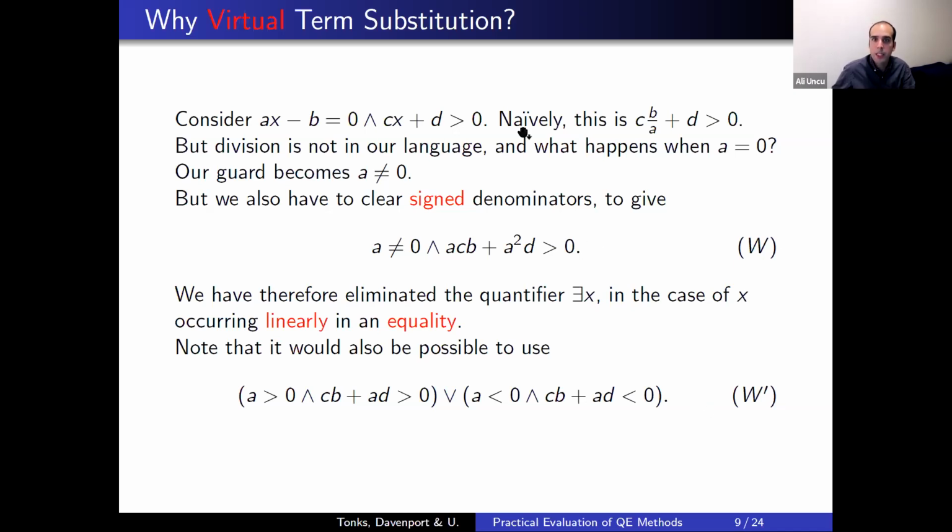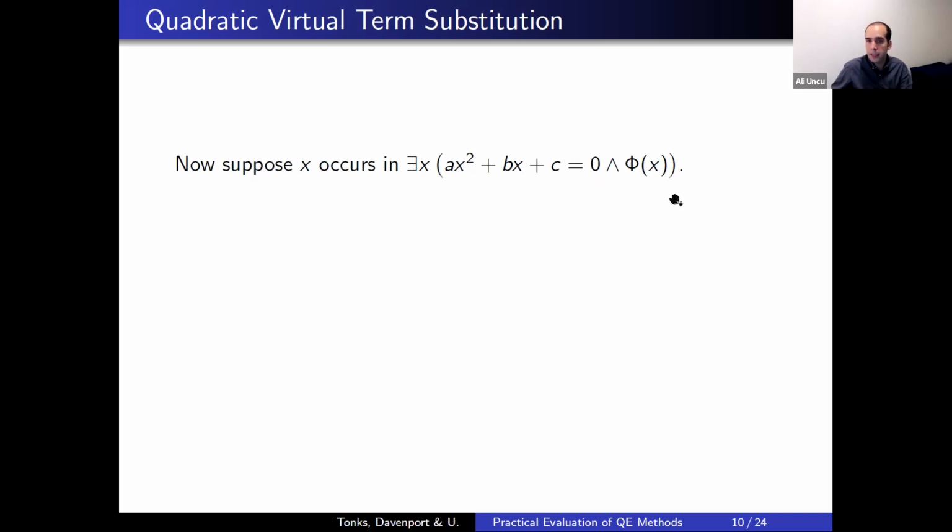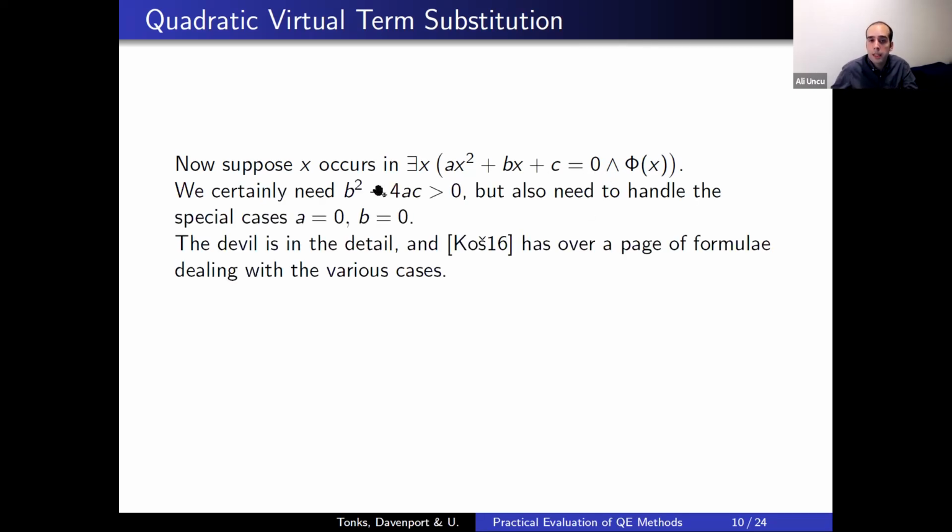Okay, this is just one example of how we would do a virtual term substitution. And let's look at a quadratic example. Suppose that x occurs in this form. So there exists x where we have a quadratic in x and a Tarski formula that has x's in it. If you look at this, for that to be equal to 0, you definitely know that the discriminant of this quadratic must be positive.